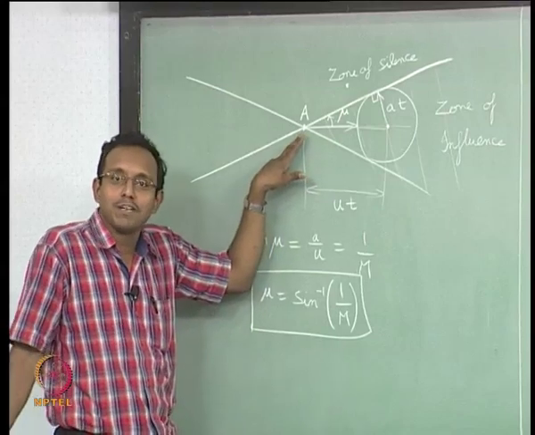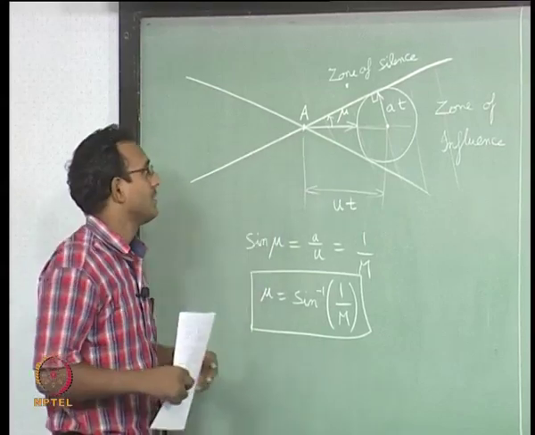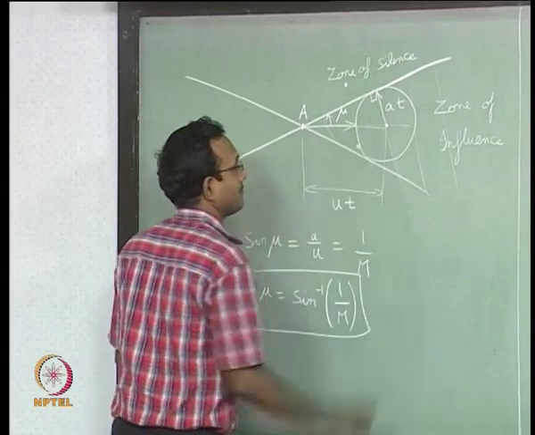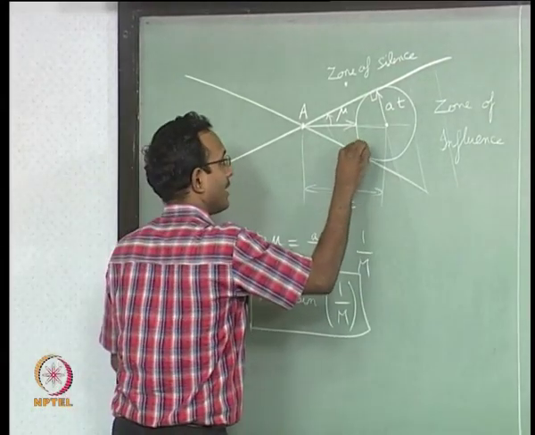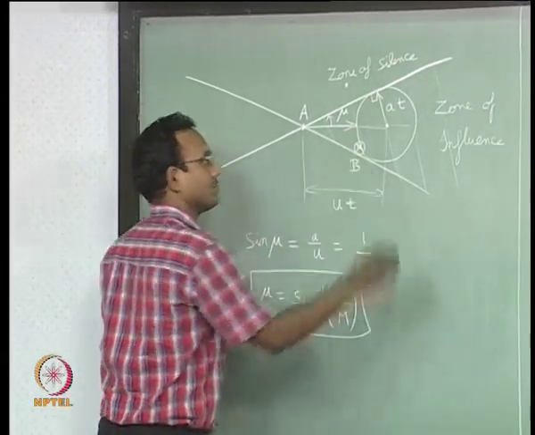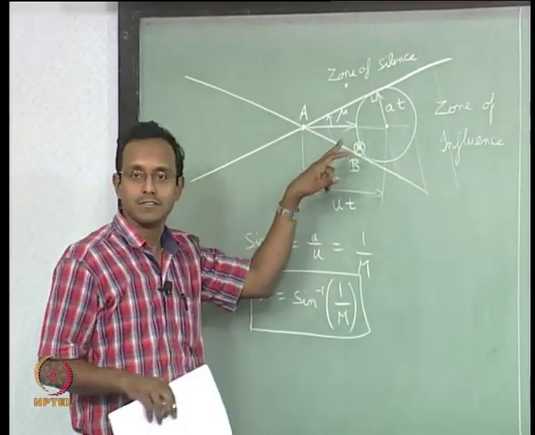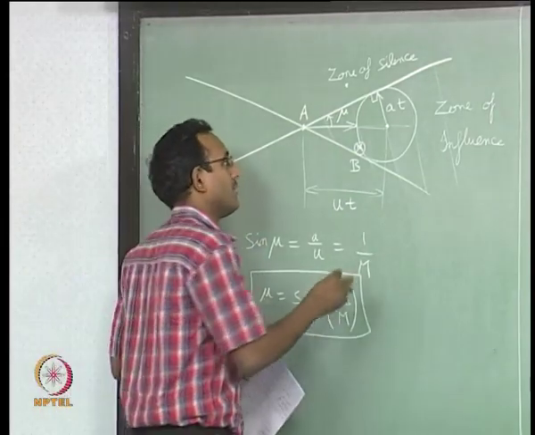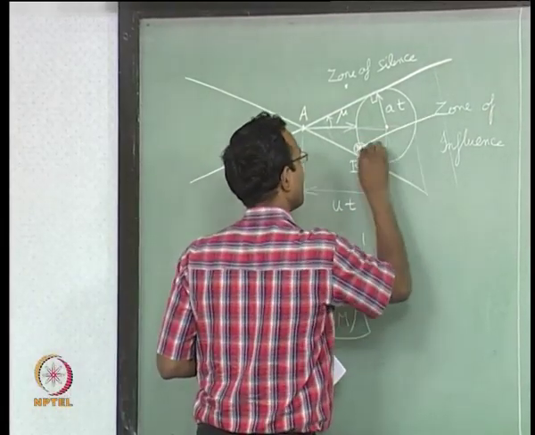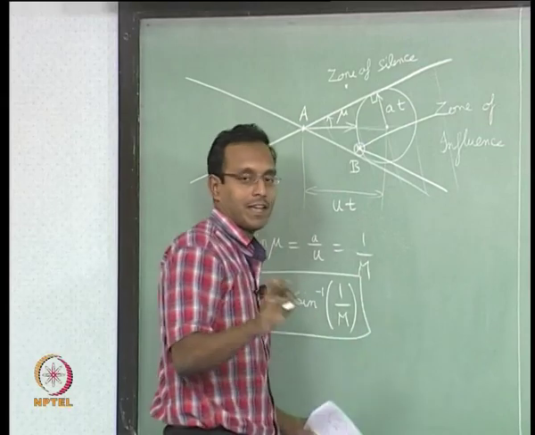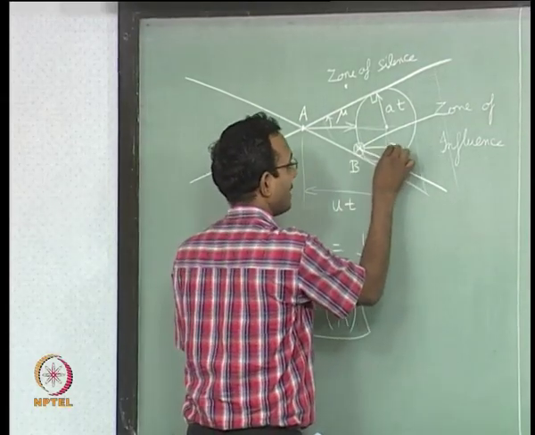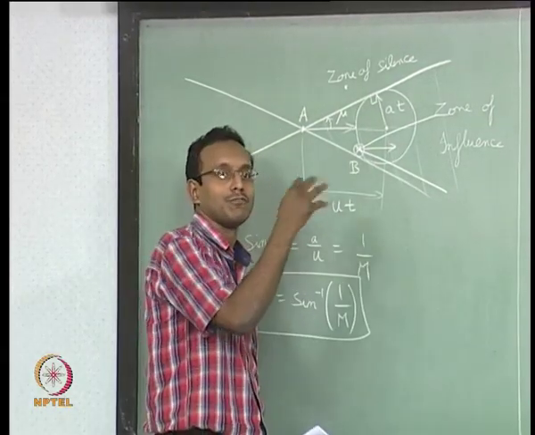What about I pick some other point in the flow field? Let us say I pick this point in the flow field, somewhere in here. I will call this my B. Now, if there is any change in this point, then that will be influencing only this region. I am again assuming that the velocity vector is parallel. It need not be parallel, it could be a non-uniform flow.